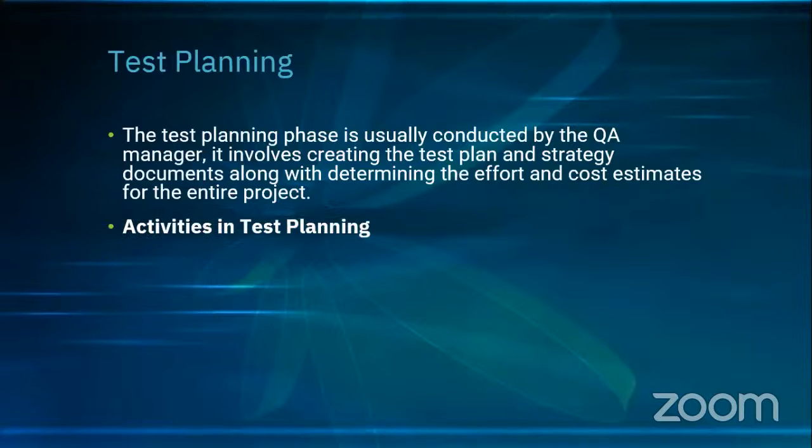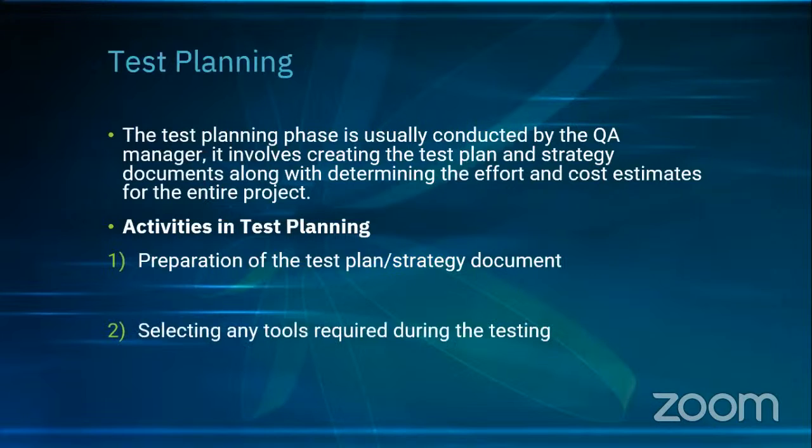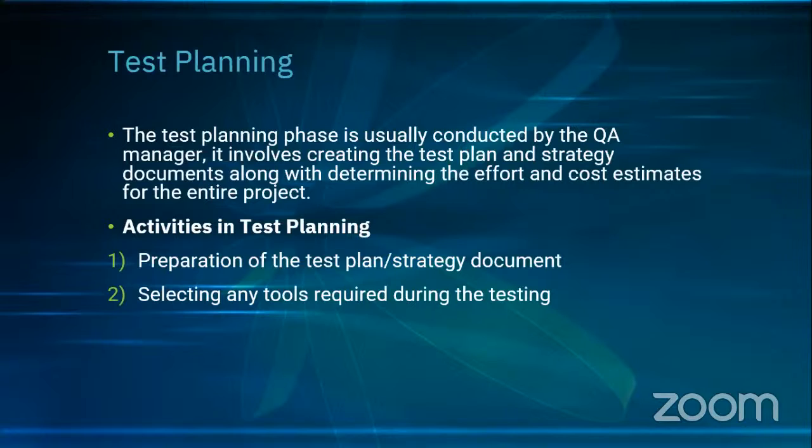The next thing, what are the activities in test planning? The first activity is preparation of your test plan and strategy document. The second thing is selecting any tools required during testing. In this internship, you are going to use Azure DevOps for most of your tooling, for bug raising, test case designing, and creating test suites.